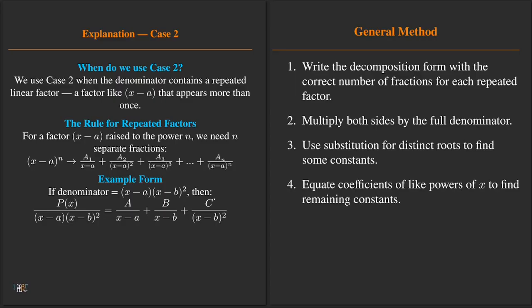Then we introduce another constant, c, over x minus b to the power 2. If there was to the power 3, then we'd introduce another constant, d, over x minus b to the power 3. So with the number of repeated factors you are going to have the same number of terms. This has 2 repeated factors, so we've got 2 terms with increasing powers for each of the factors.